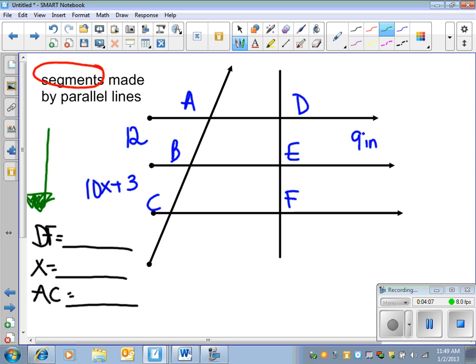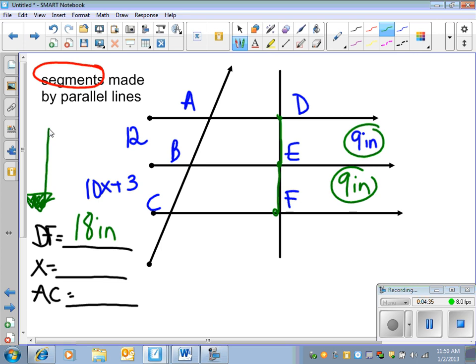I want to know what x is, and I want to know the distance from A to C. So from D to F, I know that from D to E is 9 inches. That means that parallel lines sectioned off are going to make congruent sections. So I know this is 9. So to go from D to F, it's 9 plus 9. So D to F is 18 inches.